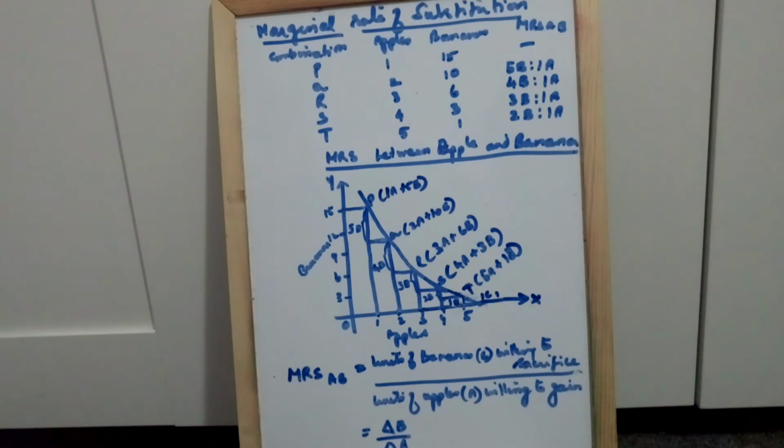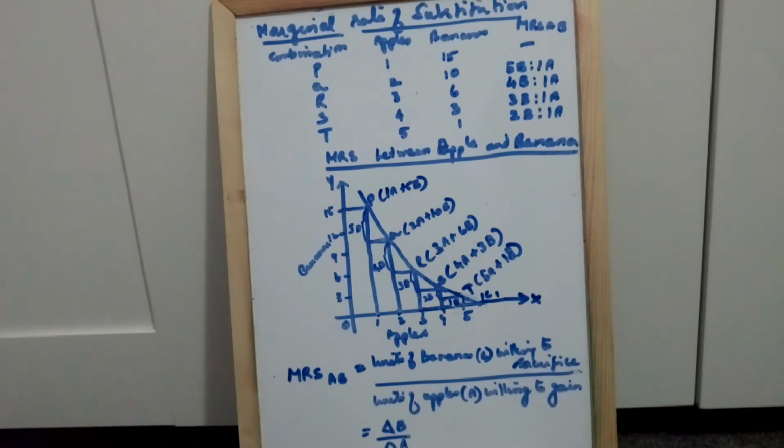So in the tabular column you can see the different combinations P, Q, R, S, T. In P combination you find 1 apple and 15 bananas. Then in combination Q, adding one more apple, that is 2 apples, and giving up 5 bananas, so 2 and 10.